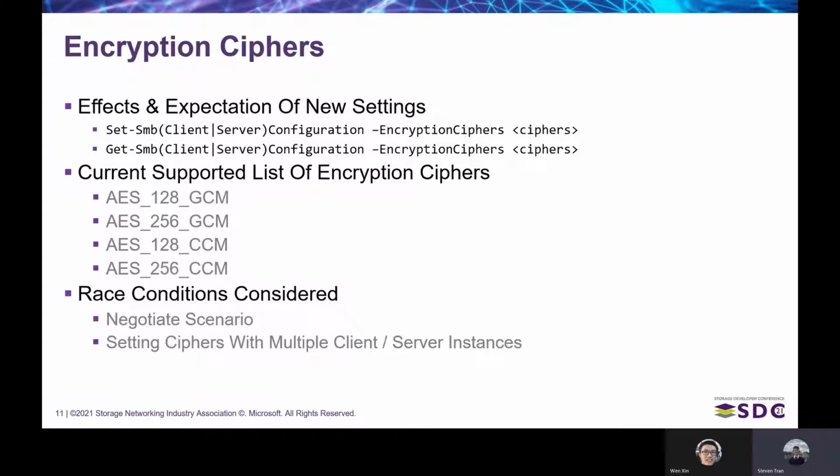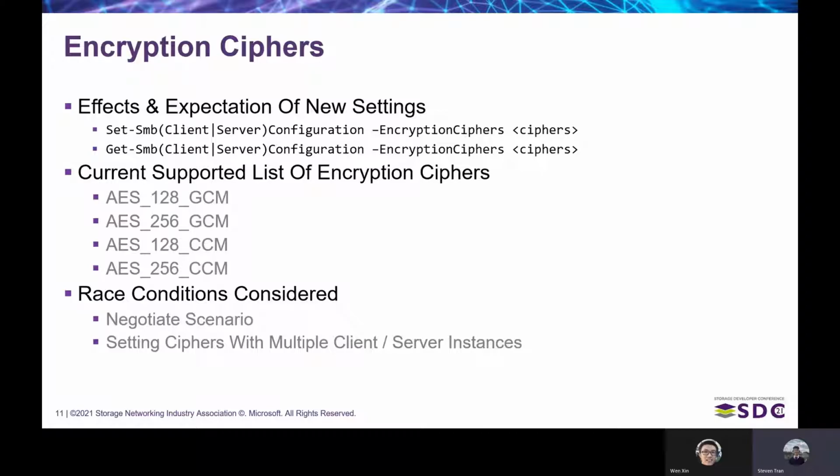A race condition can occur here because the encryption cipher order on the SMB client can change between the time the SMB client sends a negotiate request and the SMB server sends back the negotiate response. To resolve this issue, we can make something like a snapshot copy of the encryption cipher list that would be used throughout each negotiate request.